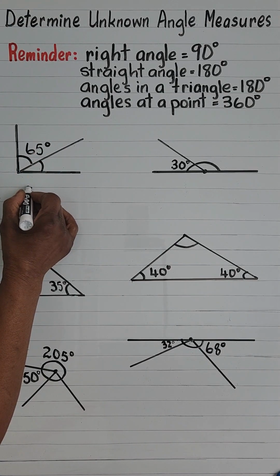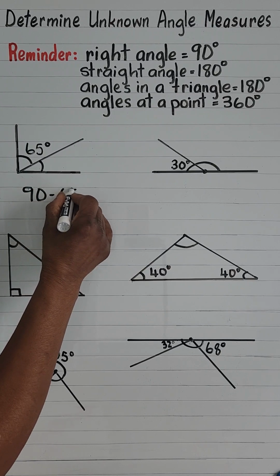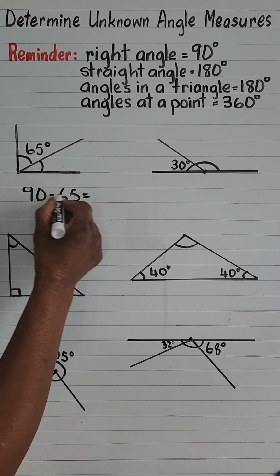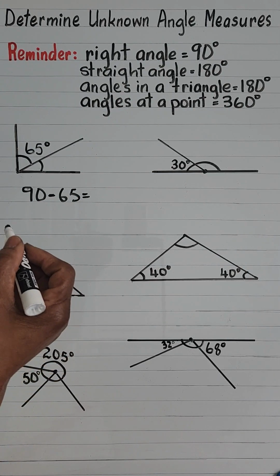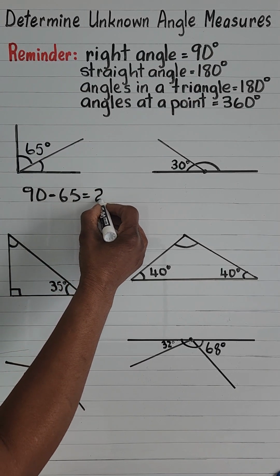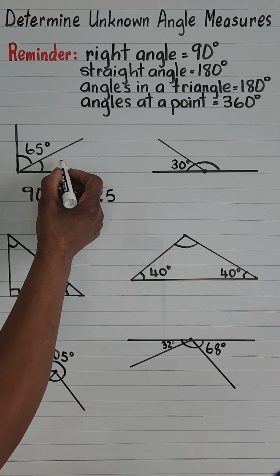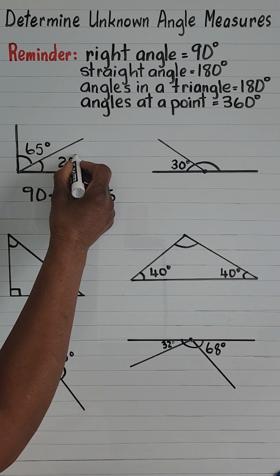So 90 degrees minus 65 degrees is equal to 25 degrees. So the unknown angle is 25 degrees.